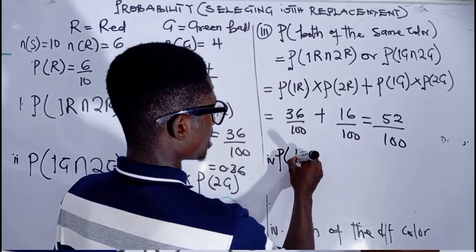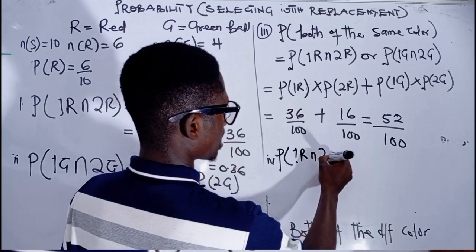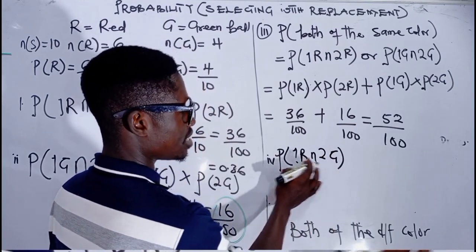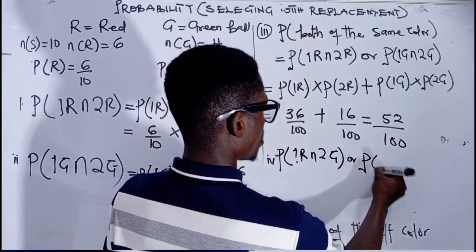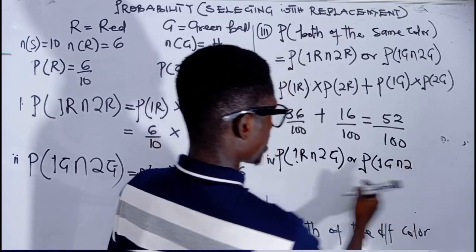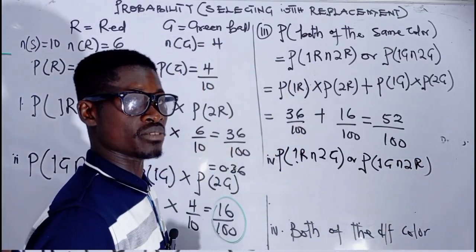So we have the probability that on the first pick we are getting a red marble, and on the second pick we are getting a green marble. So you can see that with this event we have different colors. Or it can happen that on the first pick we will get a green marble, and on the second pick we will get what? A red marble. Very, very easy.